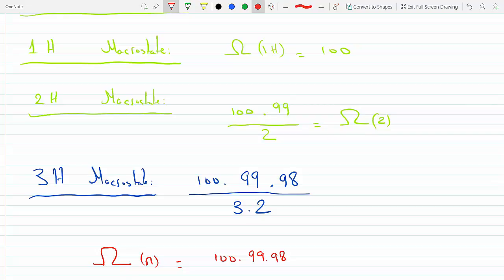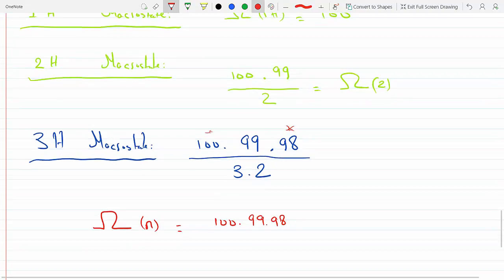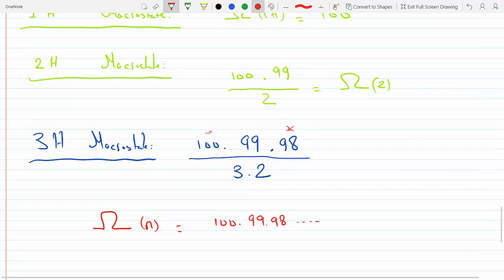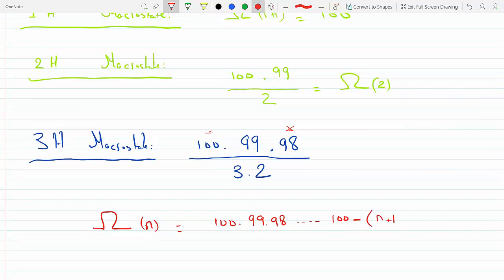So the difference between the first and the last is 2, which is 1 less than the number of heads. Okay, so if the number of heads is n, I'm going to multiply all the way through by 100 minus n minus 1.